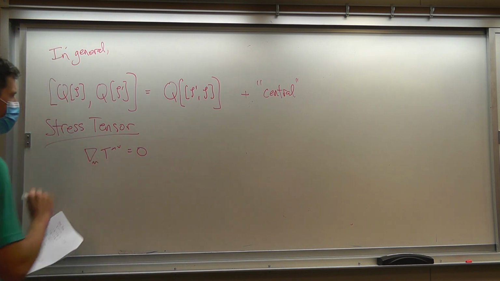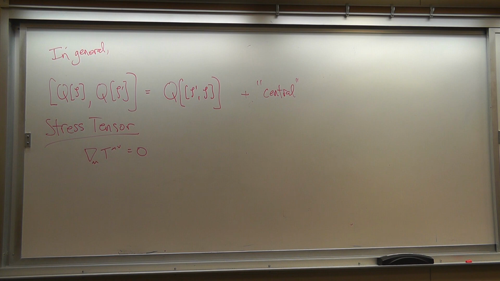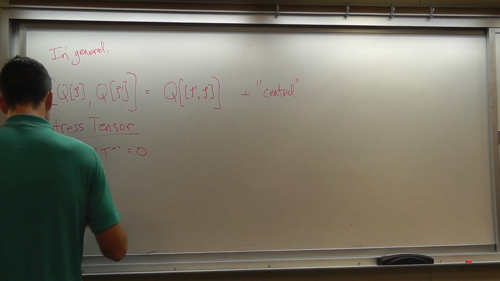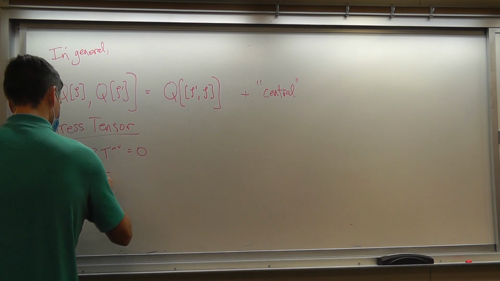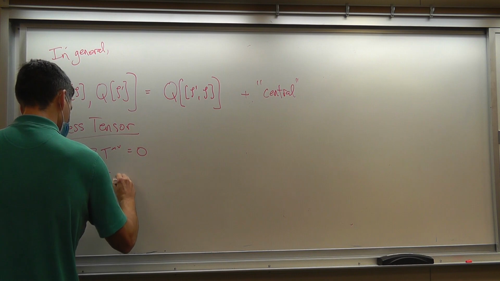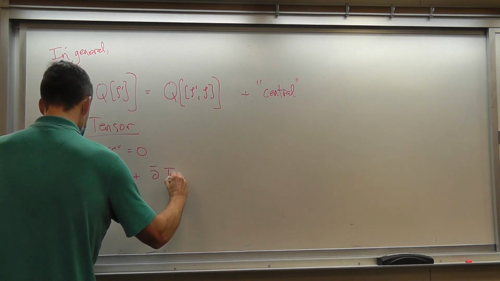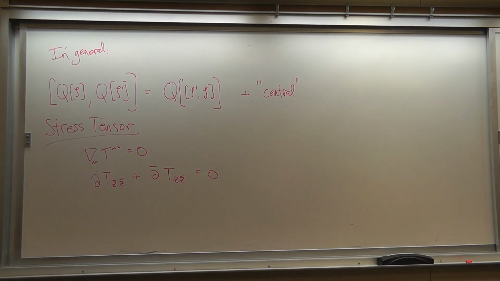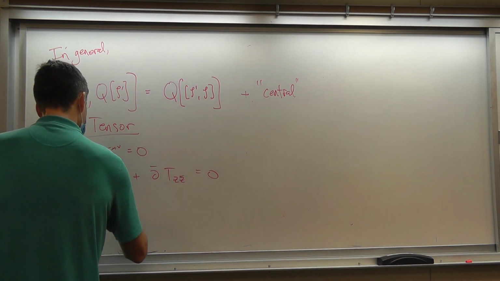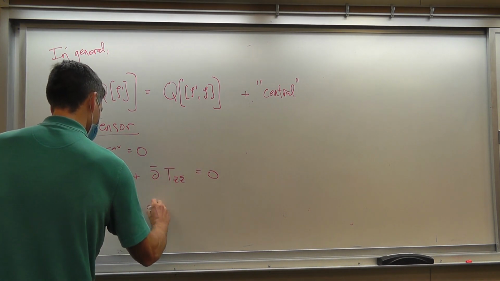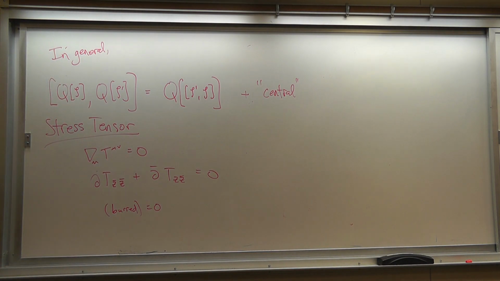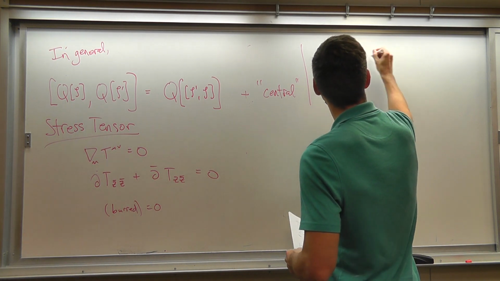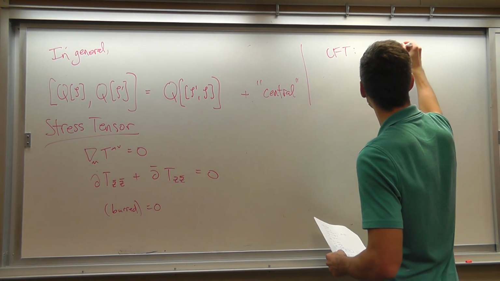So if you write the conservation law in z, z bar coordinates, then it says d of T z z bar plus d bar of T z bar z bar is equal to 0. And the barred version of that is also equal to 0. Now, if it's a CFT, then the trace vanishes.